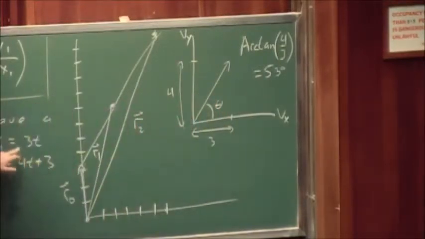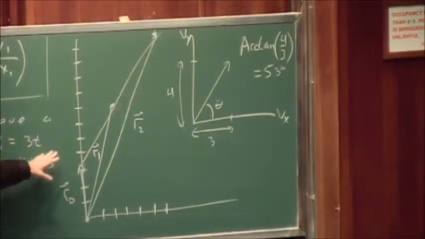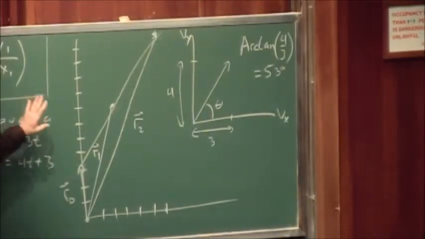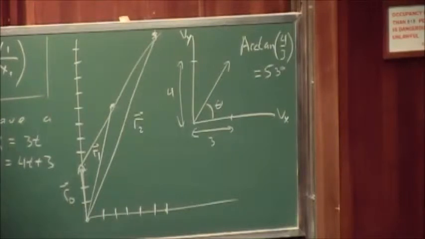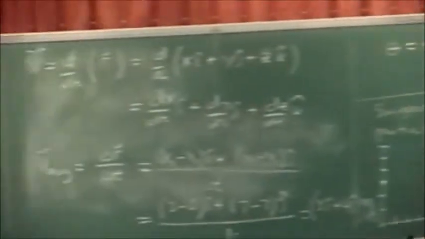In this particular definition, v of x is always 3 meters per second, and v of y is always 4 meters per second. And so neither one of those is changing, and so the acceleration, the change in the velocity, in that particular case, is 0. Okay?